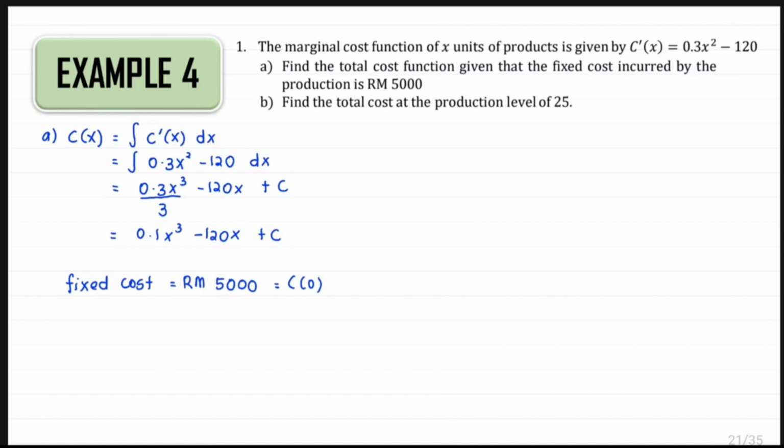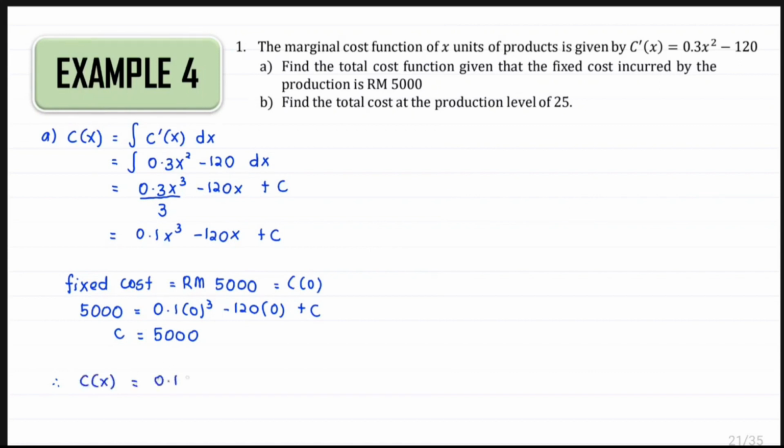So we substitute x equals 0 into the cost function. So 5,000 comes from x equals 0. Then we solve, we get C. Our total cost function is 0.1x³ minus 120x plus 5,000.